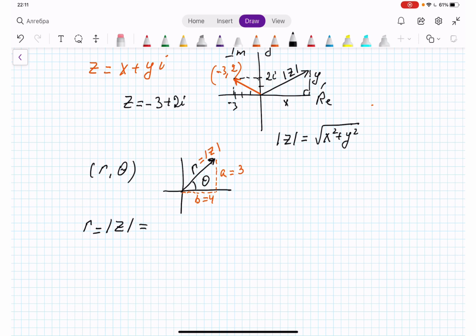Here I had x squared plus y squared; here I will have a squared plus b squared, based on the Pythagorean theorem, which is 3 squared plus 4 squared. We are getting 9 plus 16, it's 25, and we are getting 5. So we could express r through the length of complex number z.